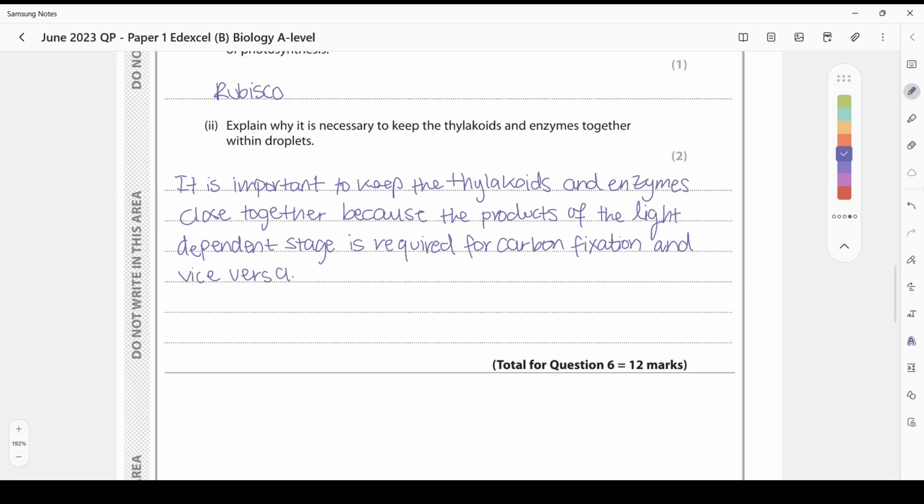Another mark you can also say is because they're within droplets, so you can say that the enzymes need to be in solution so that they are able to move around and collide with their substrate.